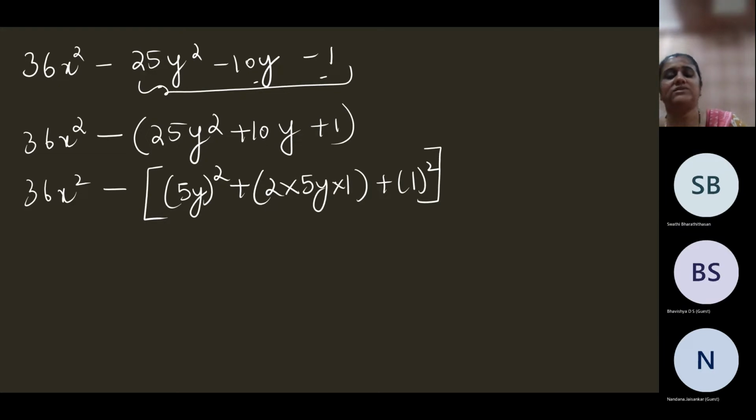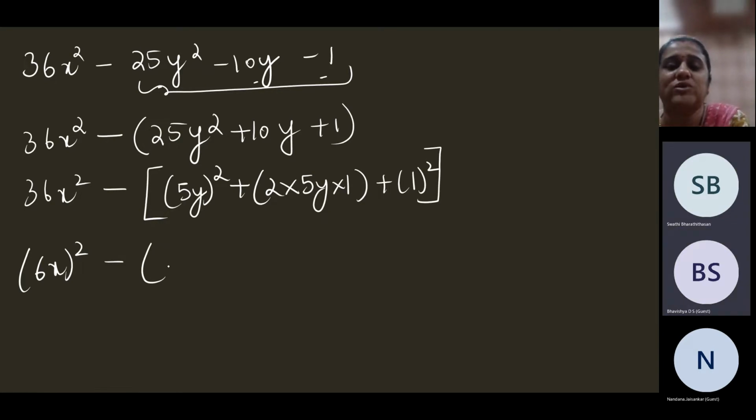Now check, multiply and see if you're getting the middle term. Yes, ma'am, 2 into 5, 10y. So now write this as 6x the whole square minus, it's like a square plus 2ab plus b square. So what's the answer? A plus b the whole square or a minus b the whole square? Plus.